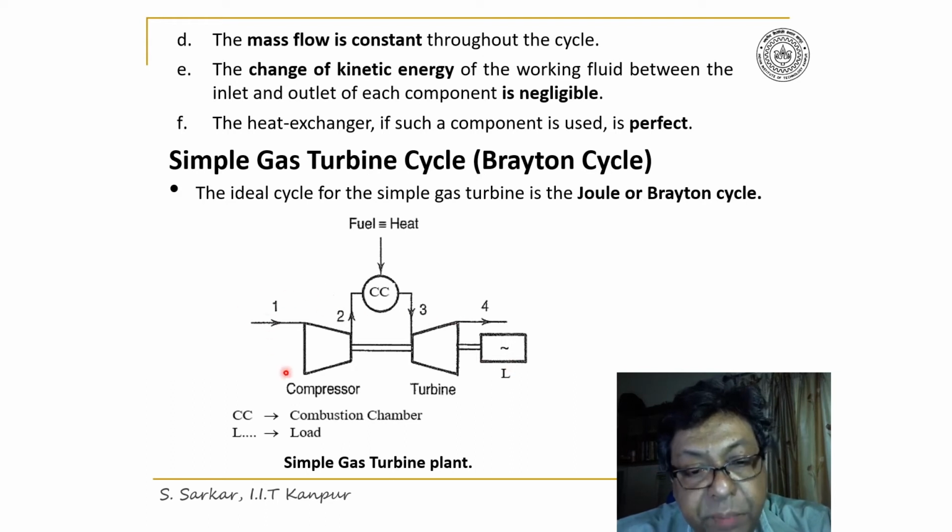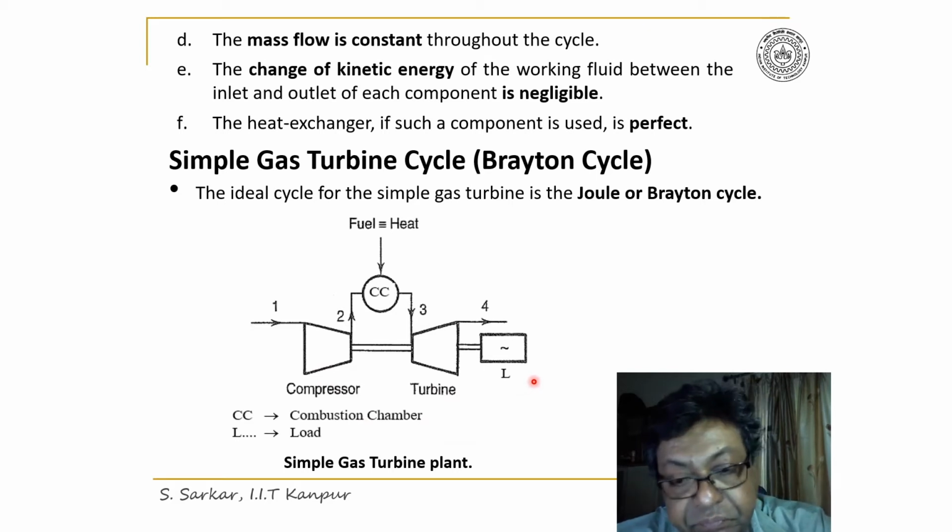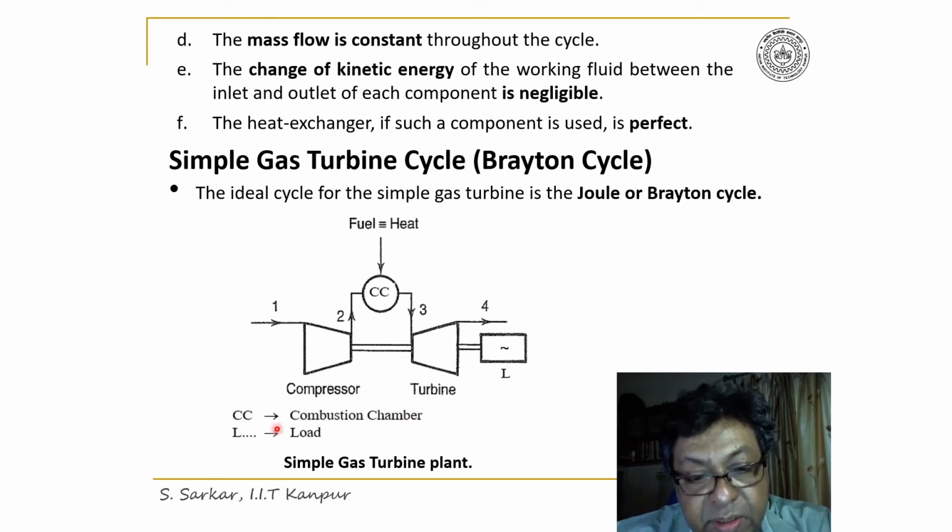The air is compressed in the compressor, and then it is pushed to the combustion chamber where heat is added and its temperature increases. This high temperature and pressurized gas is expanded through the turbine and it generates power. That power is used to drive the compressor and also to drive the generator to produce electricity for a simple gas turbine plant.